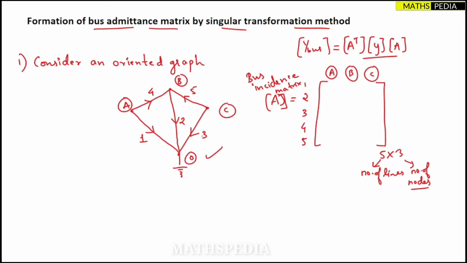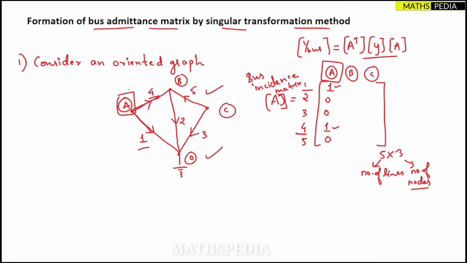Now I have to fill this matrix based on the directions. On the first node, that is node A, what lines do we have? 2 lines, that is 1 and 4. So for 1 and 4 we put 1, 1, and the rest all 0.